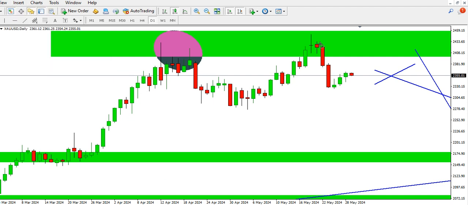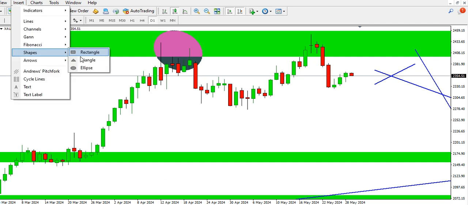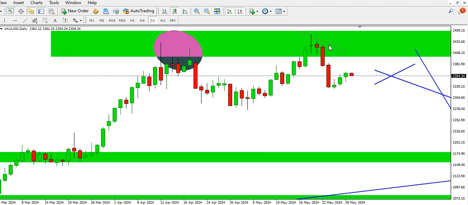It might end up as a triple top before we see price drop, but that will take some time. But for now, what we are looking at is a possible double top.